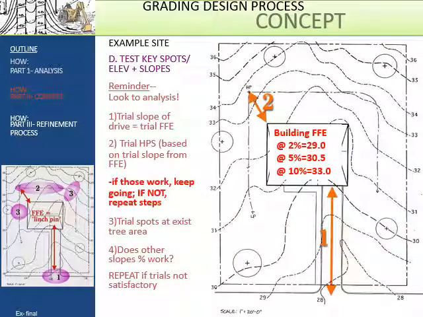So the next part of this concept is that, with these three different finished floor elevations, we're going to figure out the elevation for the high point of the swale. And like we did before, we're going to simplify this. I remember you have to go down at least half a foot to get the spot elevation on the corner of the building. And if I go down another half a foot to the high point of the swale, I know I've got enough drop in elevation here.